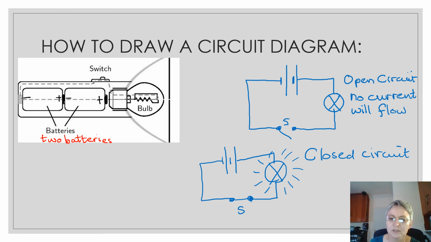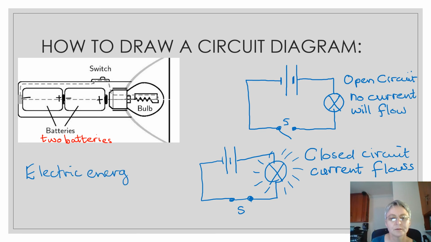So the electric current flows. When the current flows, electric energy is changed into useful light energy.